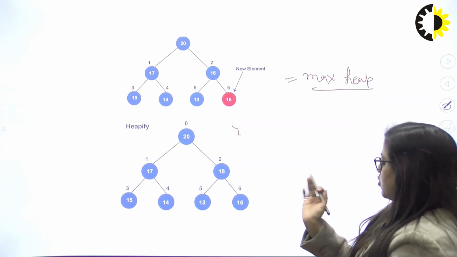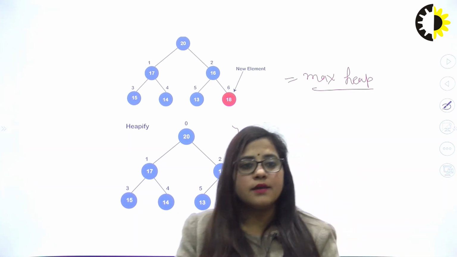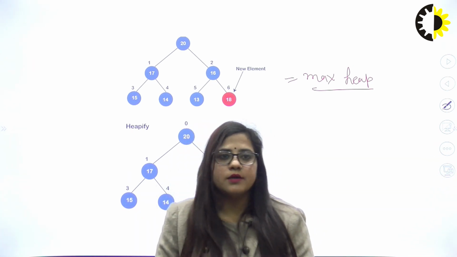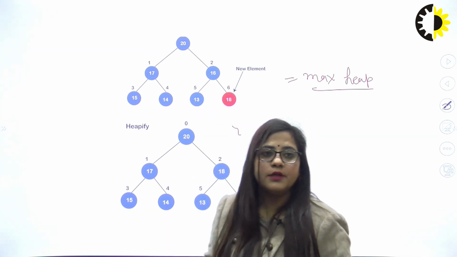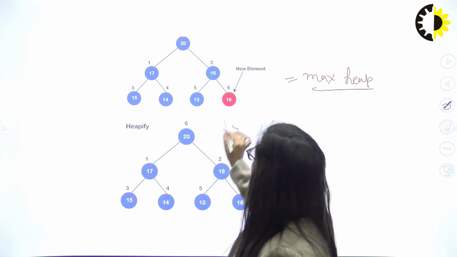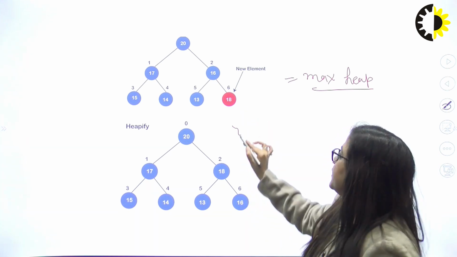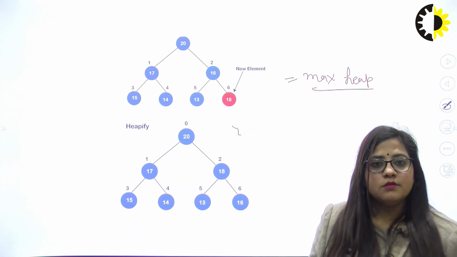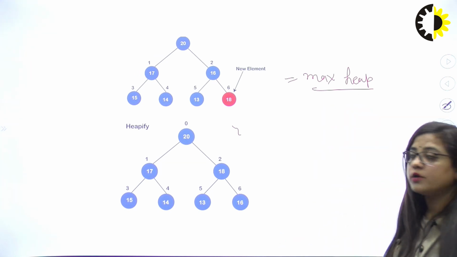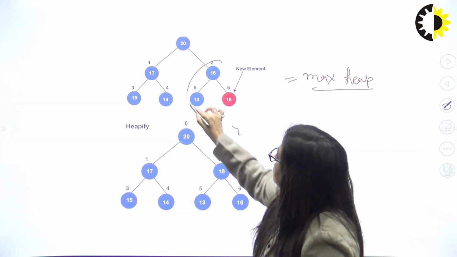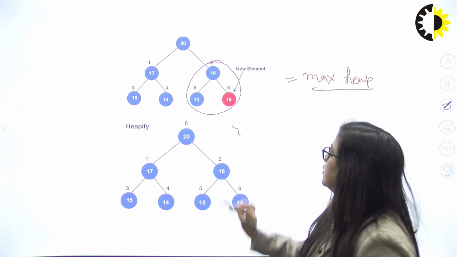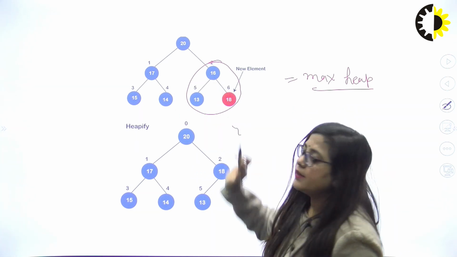Okay, now you want to insert a number in the given tree, like 18. So you want to insert it here. Now check whether the max heap condition is fulfilled or not. According to this portion, 18 is greater than 16.